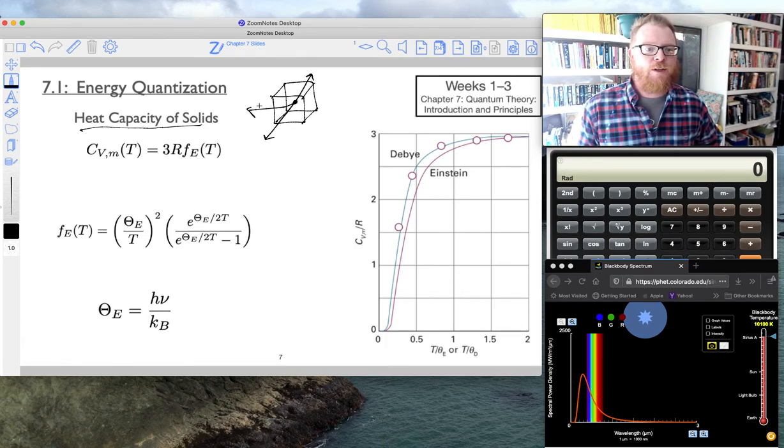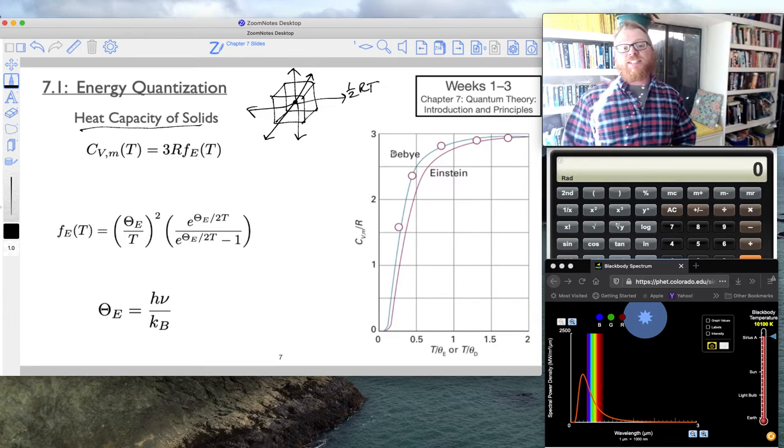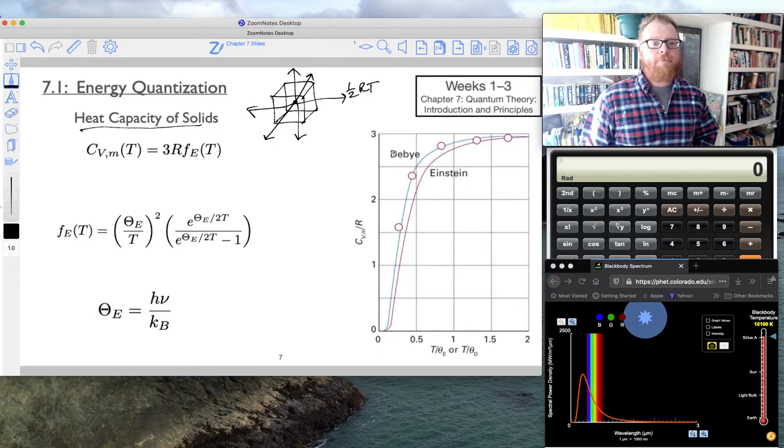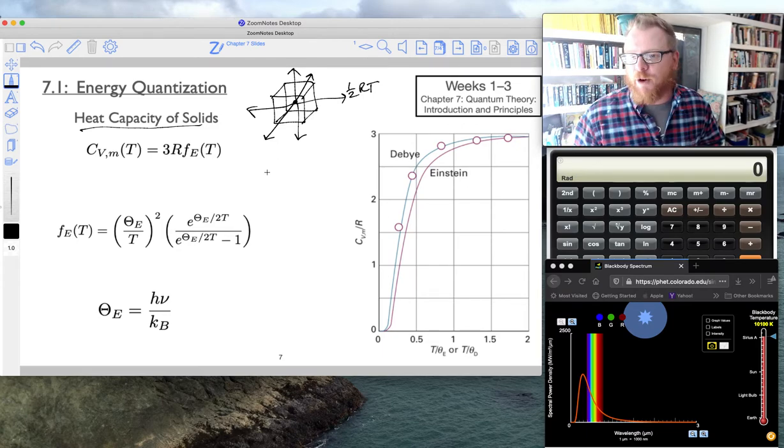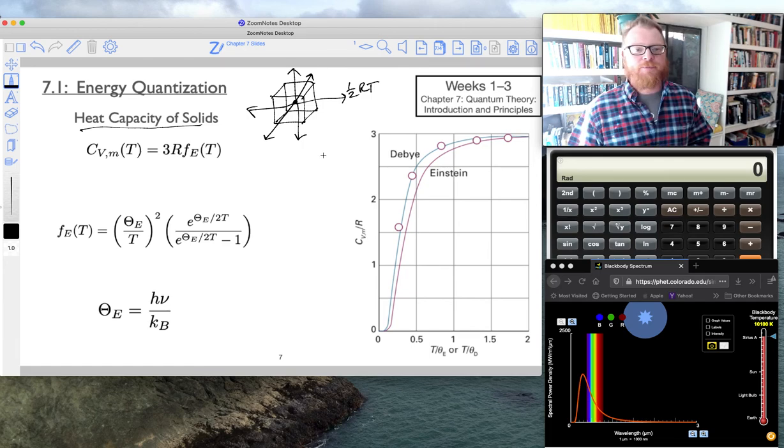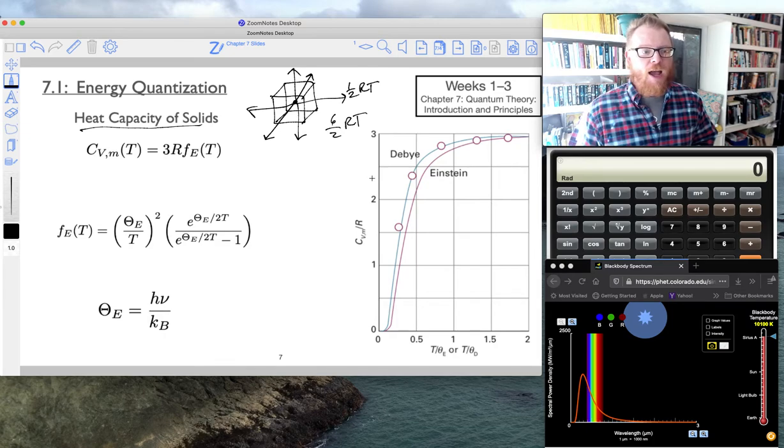It can go to the left, it can go to the right, it can go up, and it can go down. Each one of those gives me 1/2 RT. So 1/2 RT, 1/2 RT, et cetera, for a perfect solid, giving me 6/2 RT.